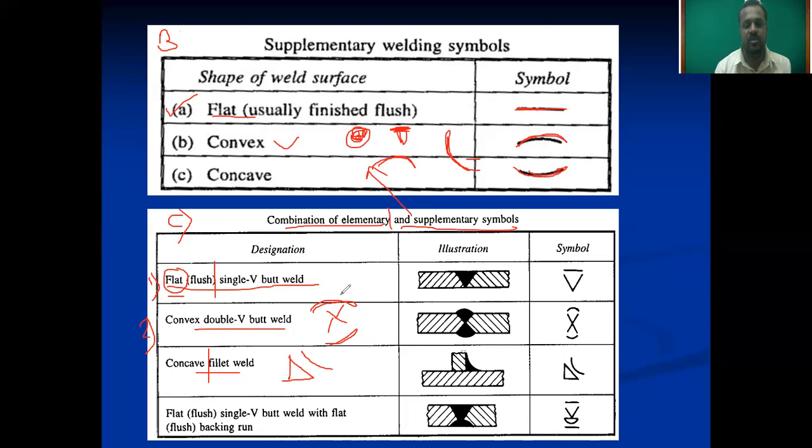Okay, understood? Now see here, flat single V butt weld. Okay, we know how to carry out the single V butt weld. You have to remember this sentence: flat single V butt weld.